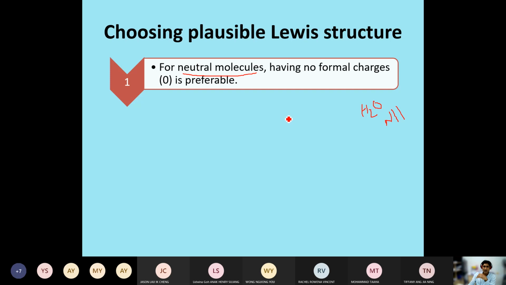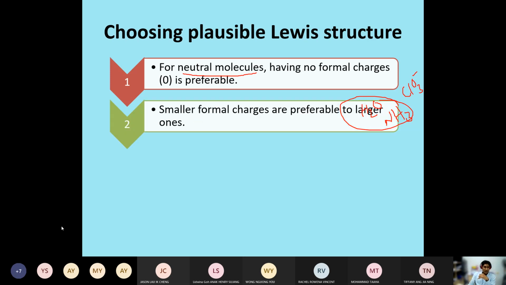NH3, it is not carrying any charge, but ClO3, just now we saw ClO3, it is carrying a charge, so it is not neutral. These two are neutral. So it will be plausible, or it is most acceptable when there is 0 charge. It is not a must, but it is preferable.